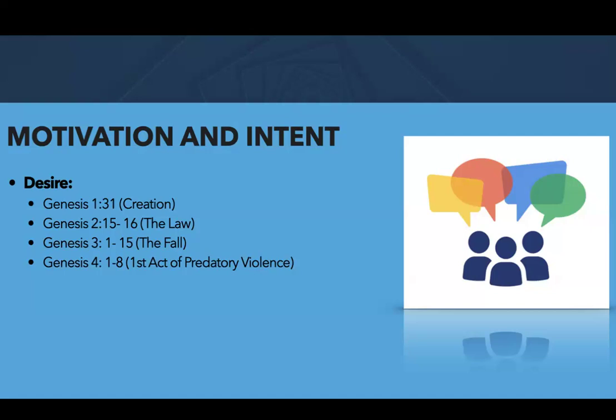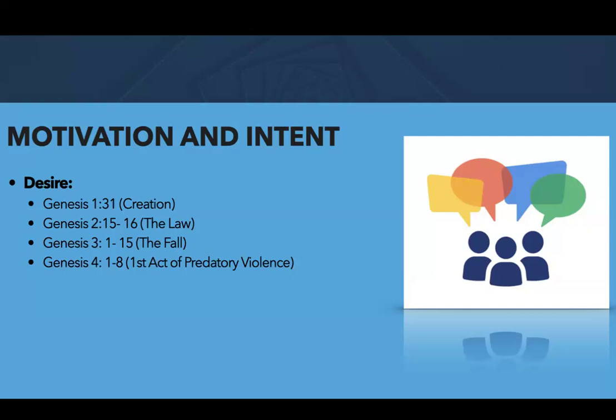And the day that you eat of it, you shall surely die, both of physical and spiritual death. So he gives them the law. There is a covenant made. It's an agreement between God and Adam and Eve. If you do this, then you get this forever. You're going to live with me in paradise and you're innocent. But the day that you break this law, here's what's going to happen.